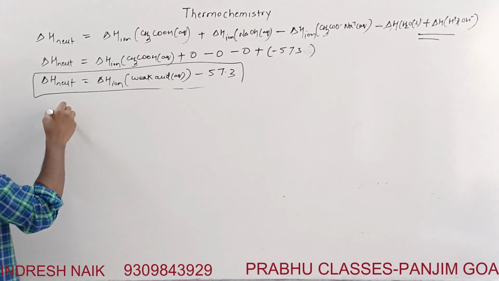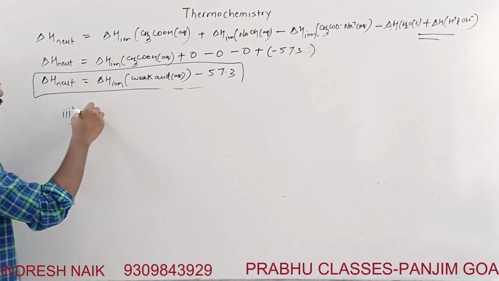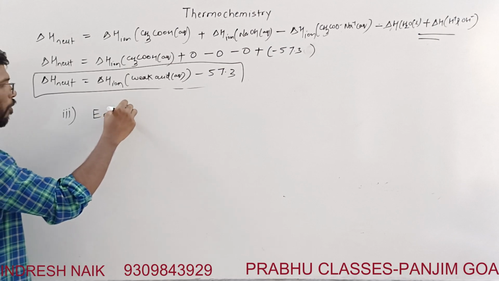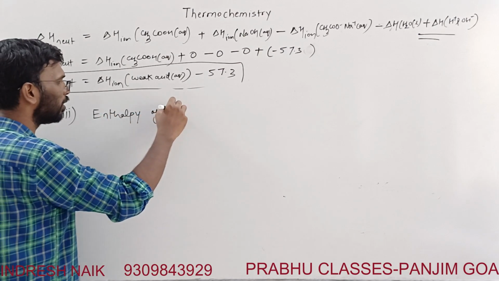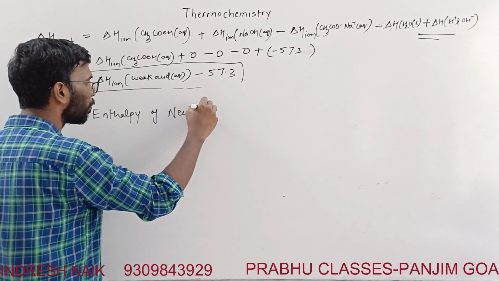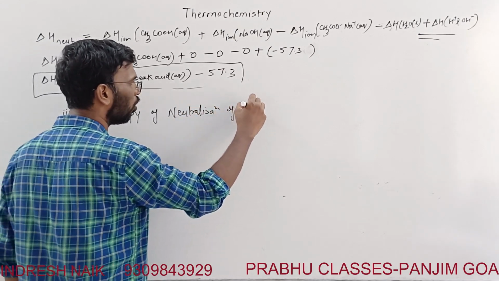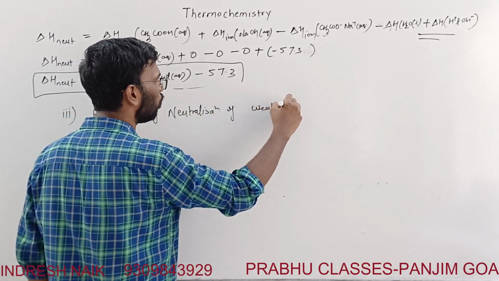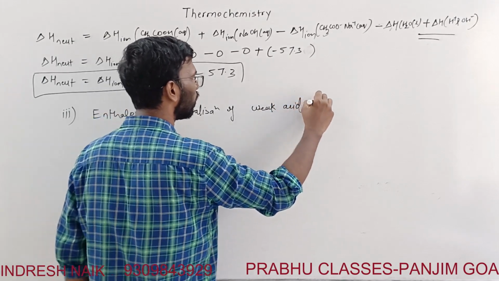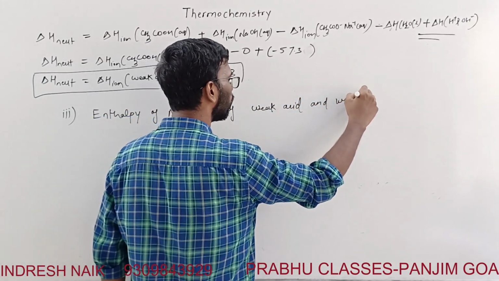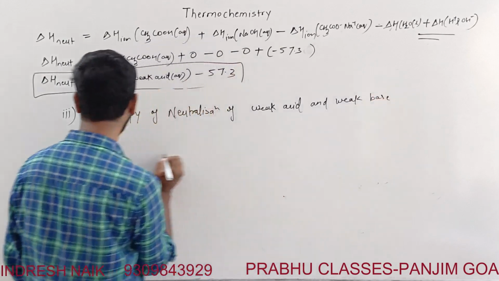So third is enthalpy of neutralization of weak acid and weak base. It will be what?